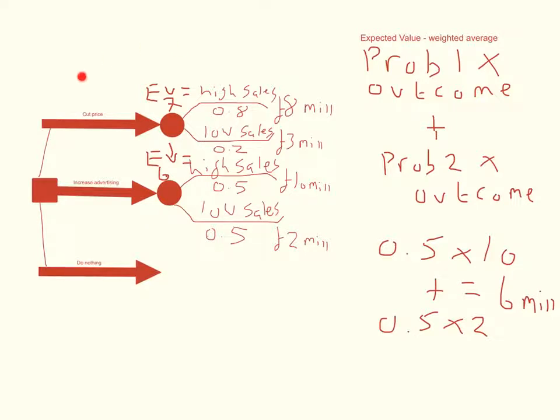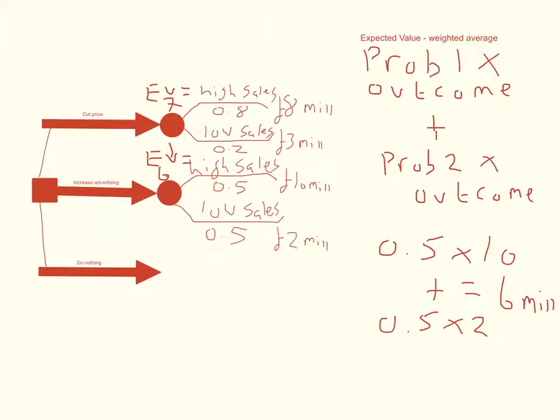So on average, if we were to choose this decision over and over again, we should expect the average gain to be an increase in revenue of 7 million, and for the second option of 6 million. However, business studies students, we should know that this is not the profit figure, simply because we need to deduct the cost of each one from the revenue average.